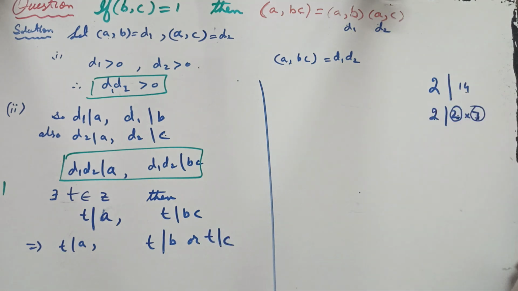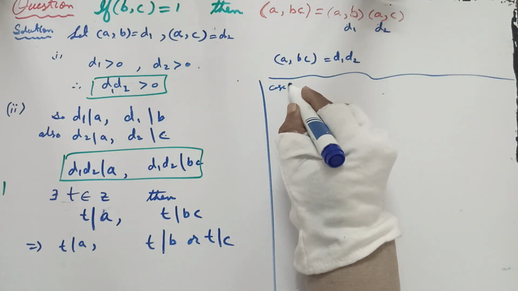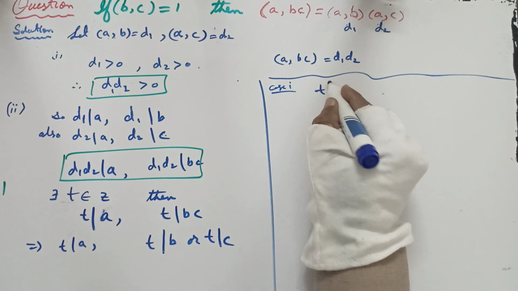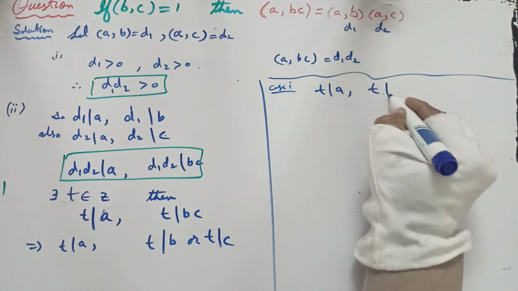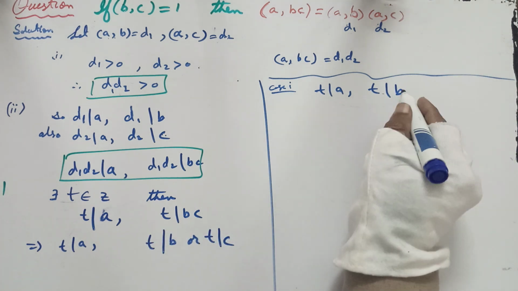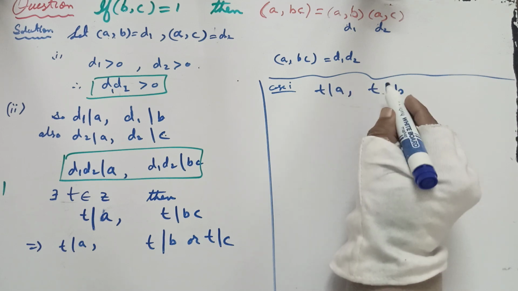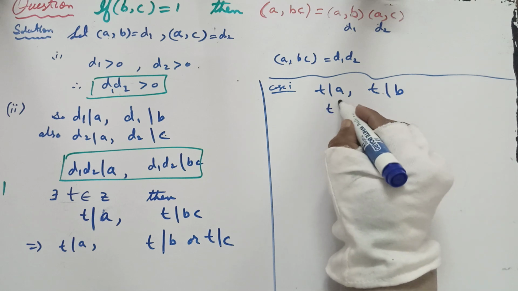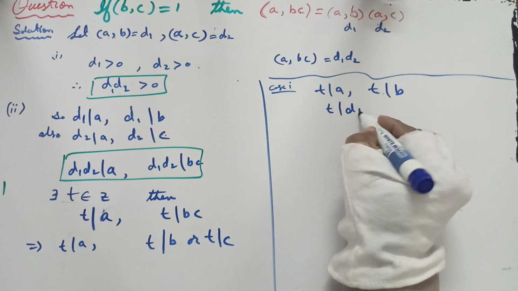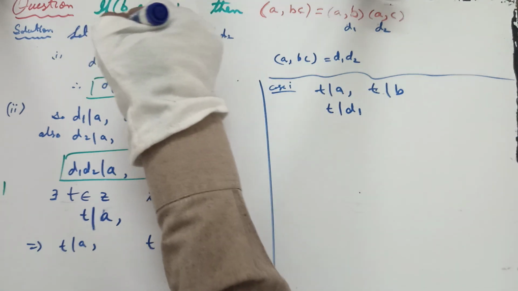So what is case first? Case first is T divides A and T divides B. In these two, I take only one case, T divides B. If T divides A and T divides B, T must divide D1 because T is a common divisor and D1 is the greatest common divisor.